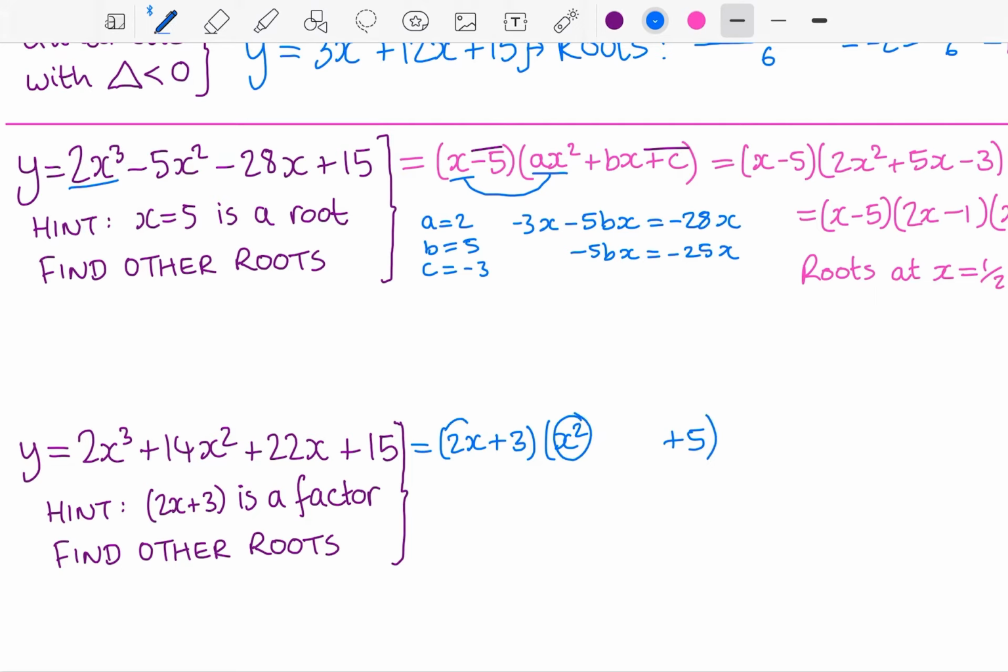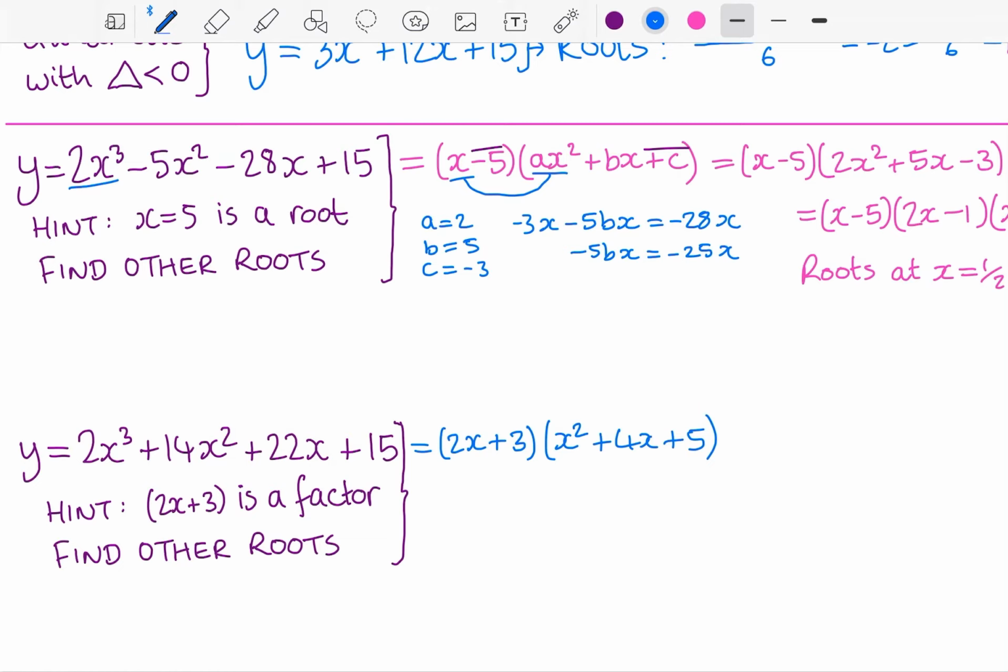And x squared times 2x needed to equal 2x cubed, so that's all fine. Then 5 times 2x plus 3 times bx needs to equal 22x when you combine your like terms. So 3 times bx needs to equal 12x, so b would need to be 4.